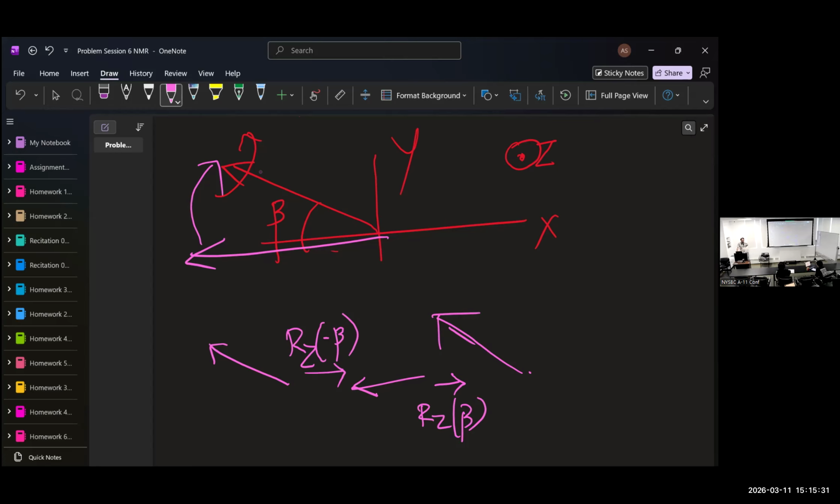Is this making sense? Any questions? Or was this too, I don't know, non-intuitive?